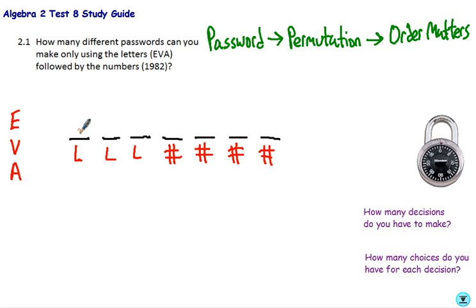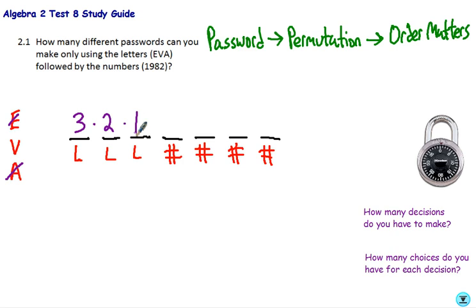Well, I could put an E, a V, or an A. So in that case, this would be 3. But then once I pick one of those letters, let's say I decide that I want this to be an A. Now, for this spot, I only have 2 letters to pick from. And then let's say I want it to be an E next. Well, now I only have 1 letter to pick from. Right, so that's how many different choices I have.